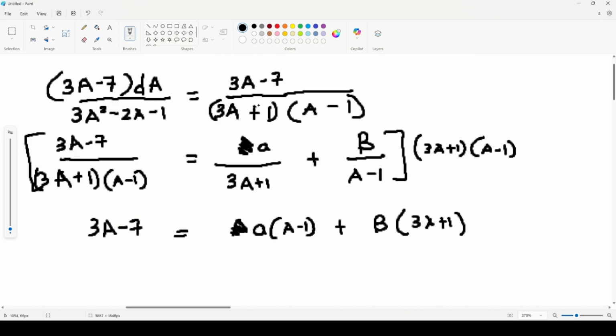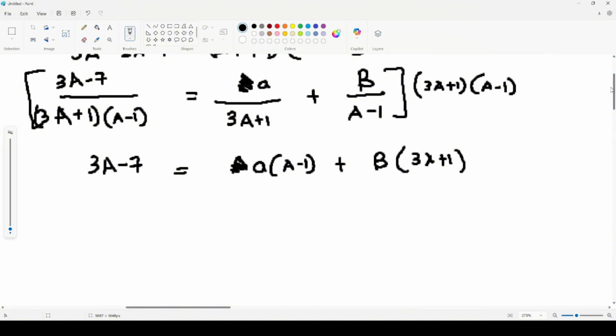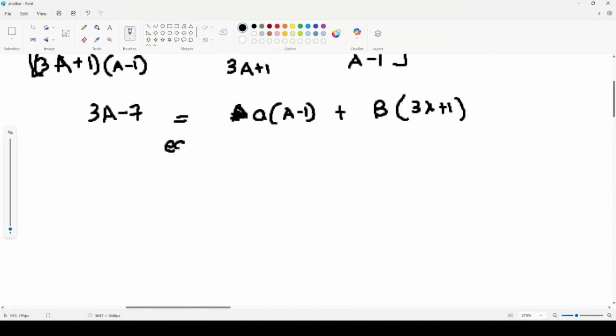Right? Once we do that, we equate like terms. The term is equate like terms. What are the like terms? Everyone with a. So 3 is equal to small letter a plus 3b.